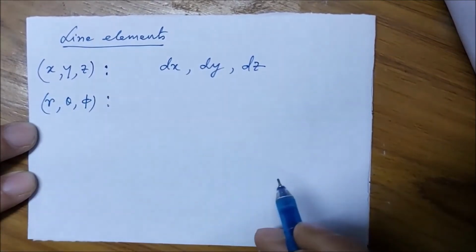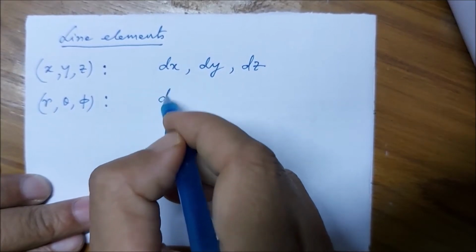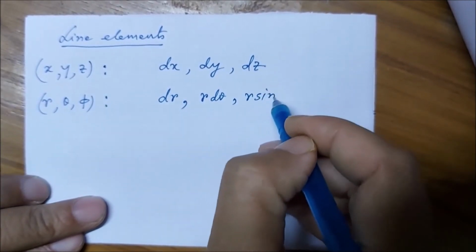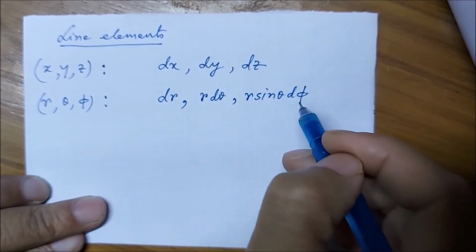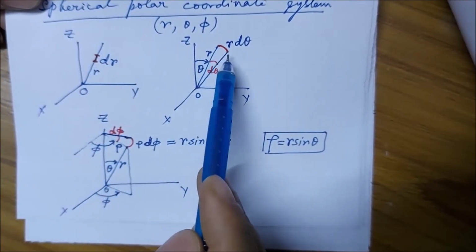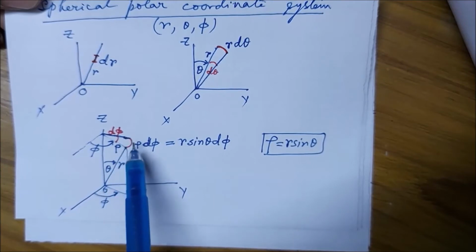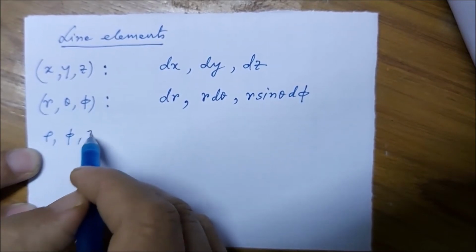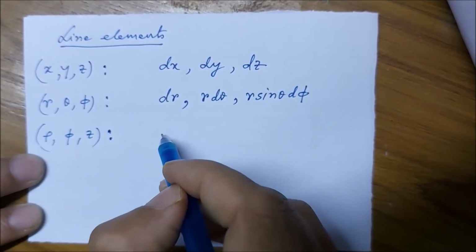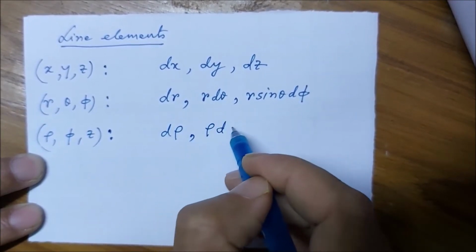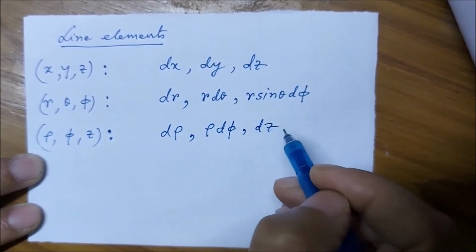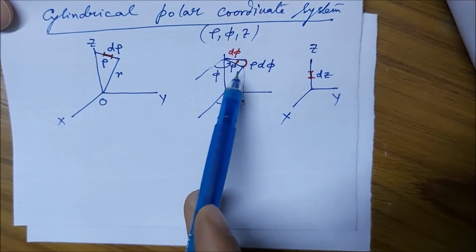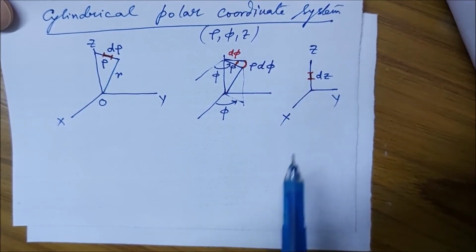In the r theta phi system, the line elements were dr, r d theta and r sin theta d phi. In cylindrical polar coordinate system, rho phi z, the line elements are d rho, rho d phi and dz.